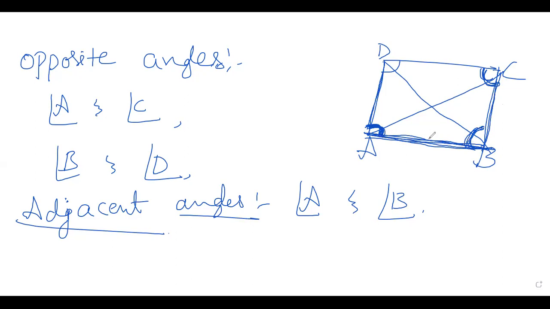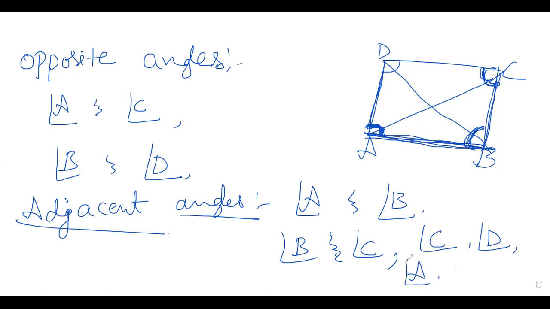So this type we call consecutive. And you can write angle B and angle C, or angle C and angle D, angle A and angle D. Okay, children. So these are adjacent angles.